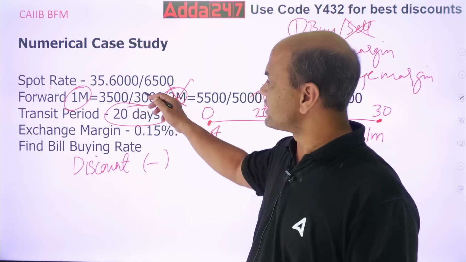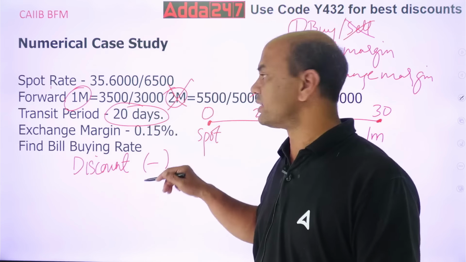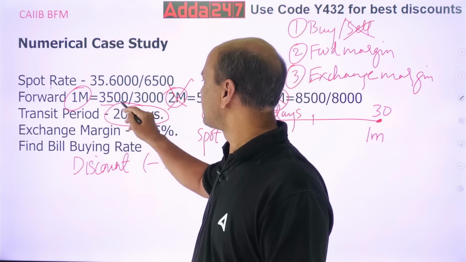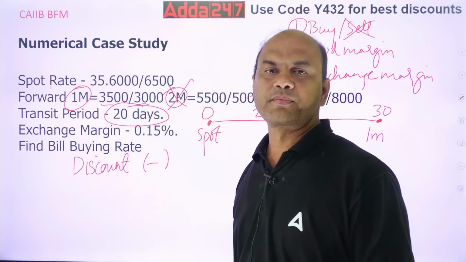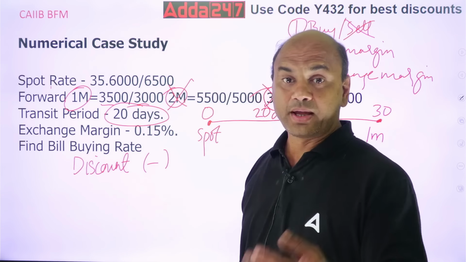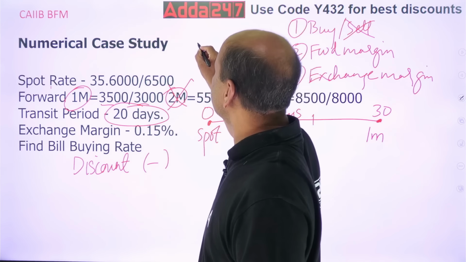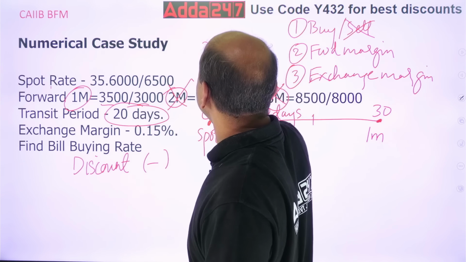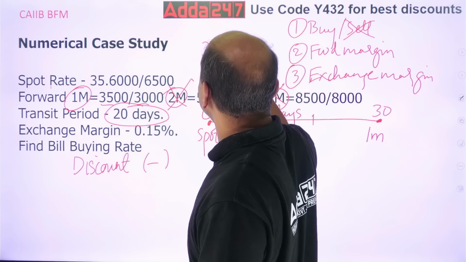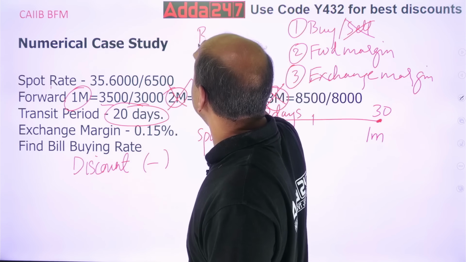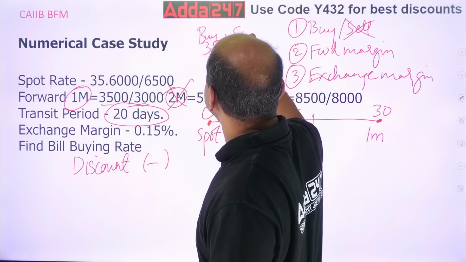Which rate will I take, 35 or 30? I am buying, and buying means always the left side. This is always buy and this is always sell.